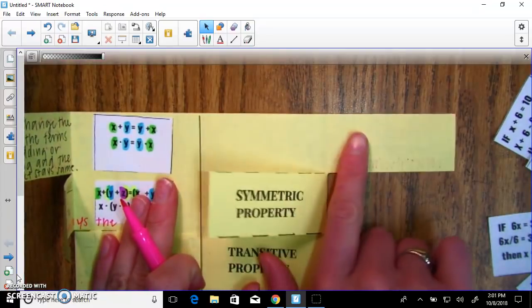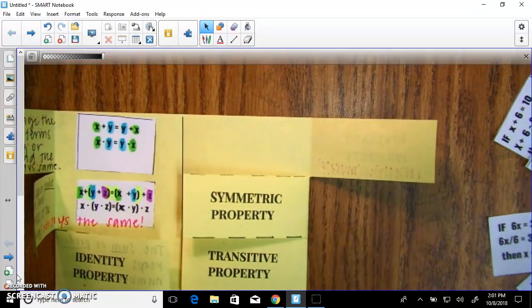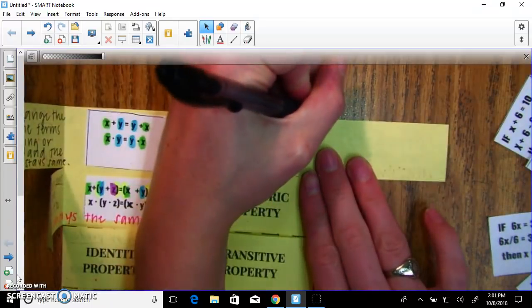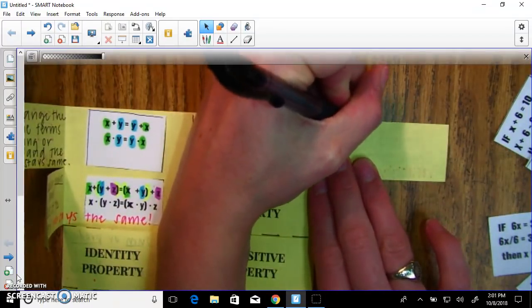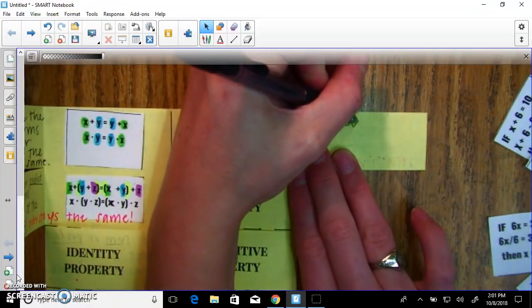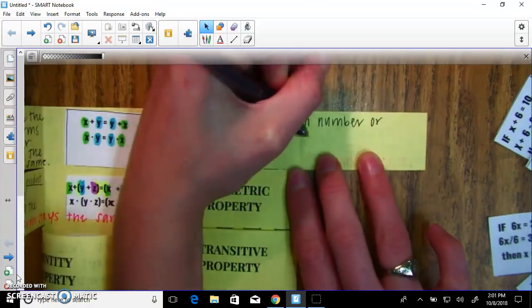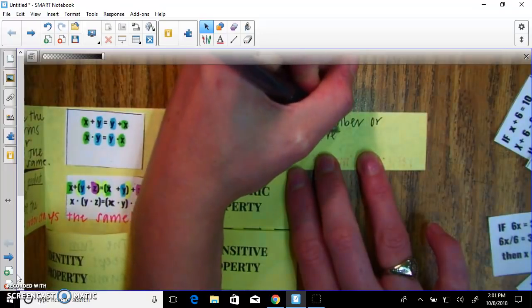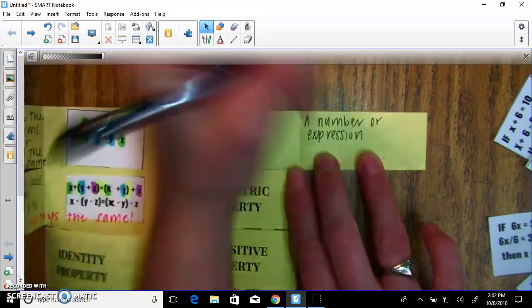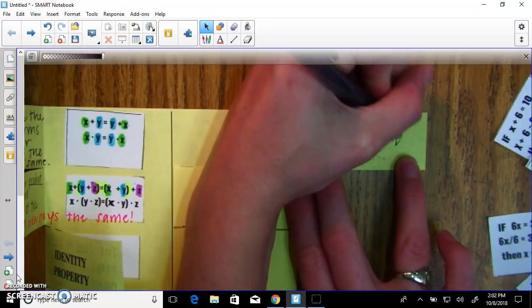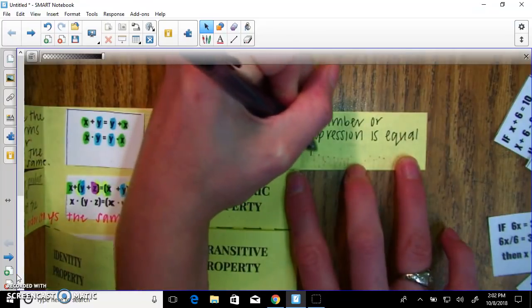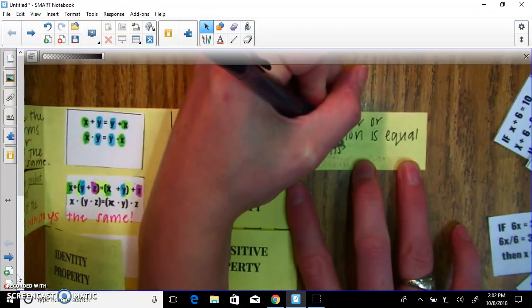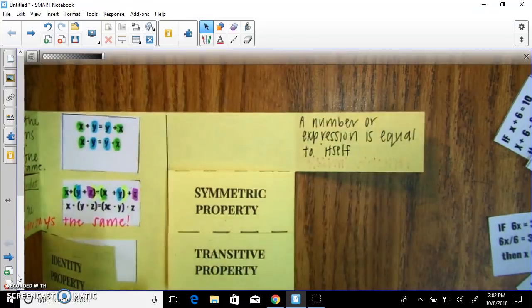And the reflexive property says that a number or expression is equal to itself. It's as simple as that.